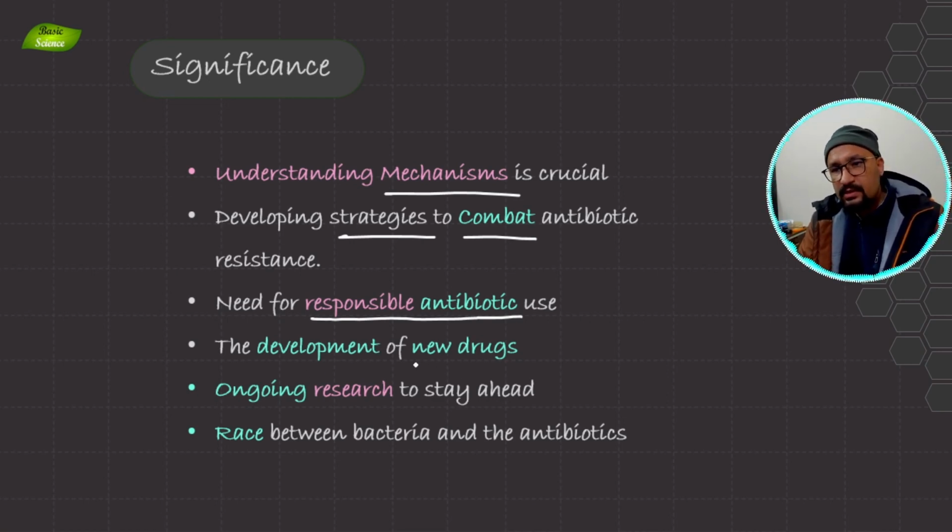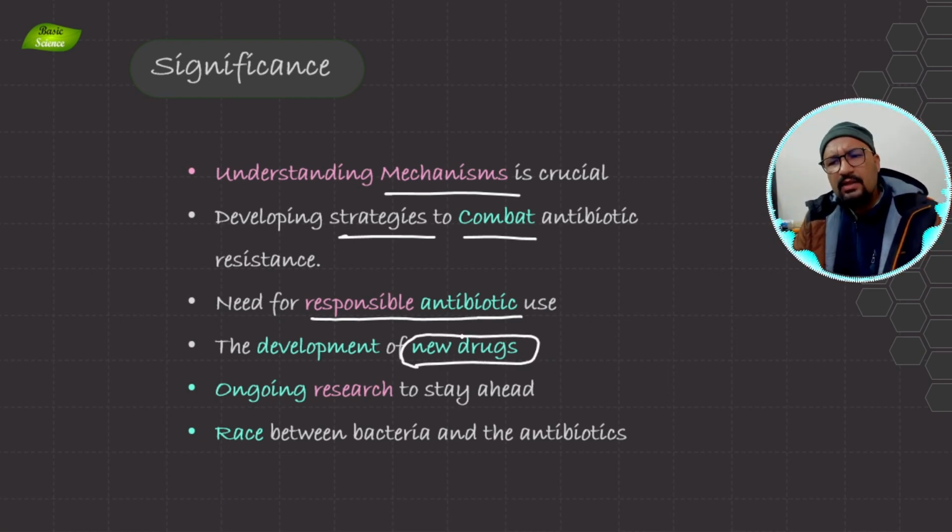And development of new drugs is highly important. I don't know why, but especially policymakers should force the policy that new drugs should be developed against antibiotic resistance. Projects related to this topic should get funding.